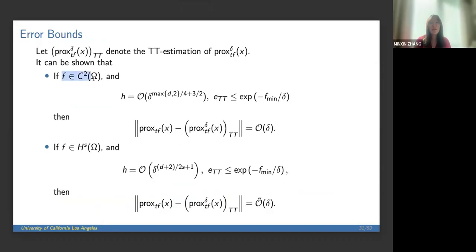So basically, if f is twice continuously differentiable, and if we choose our mesh grid size to be this size, and we assume we have an error bound for the tensor train approximation itself, this ETT is the error between the tensor train decomposition and the original discretization of the original function, then we can say that the error of the tensor train approximation of the proximal operator is bounded by this big O of delta.